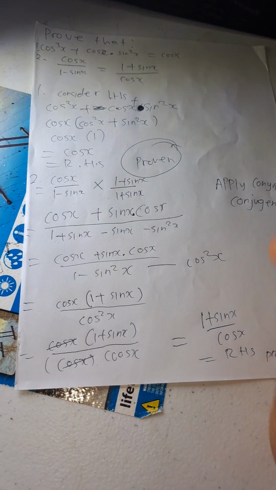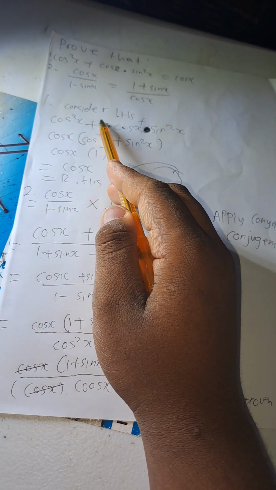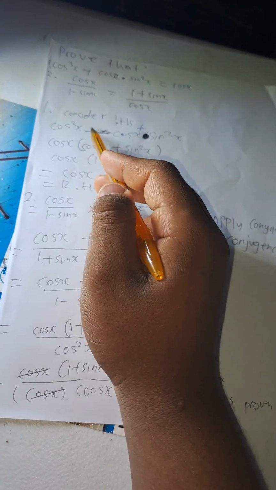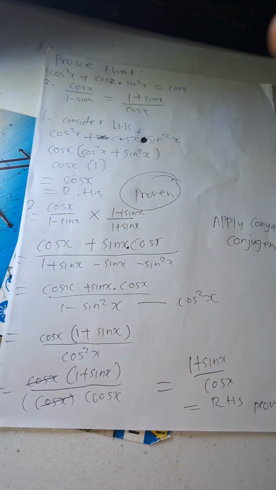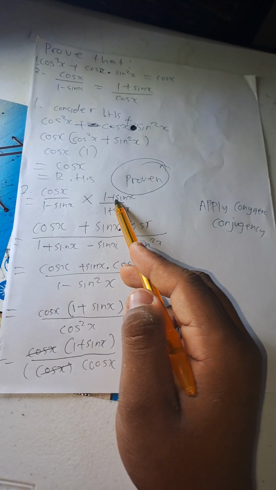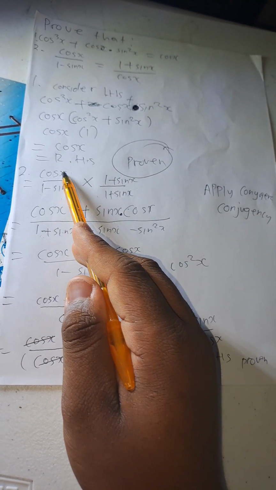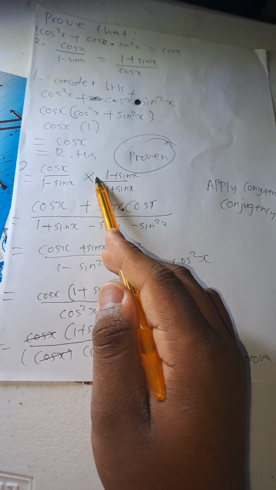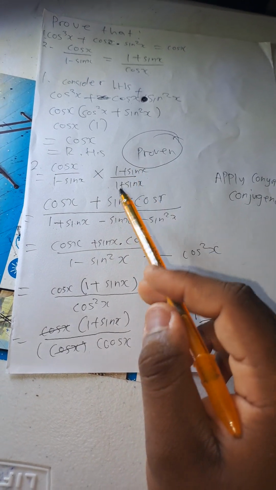So for this one, if your cos or sine is multiplied by cos and sine, if there's addition and then multiplication, you check what's common. And if you see something like this, you have to apply conjugates, whereby you multiply the whole thing by the denominator but change the sign, because here it was minus, then there it is plus, and then you continue.